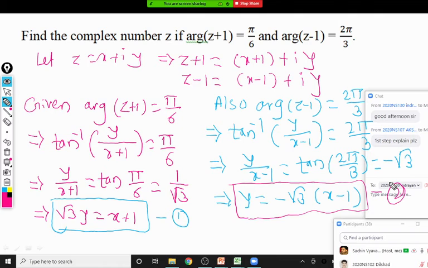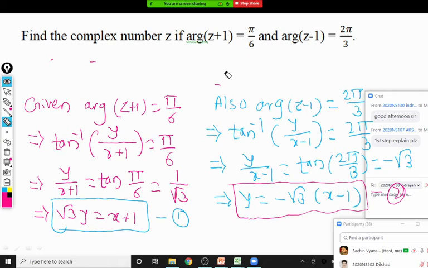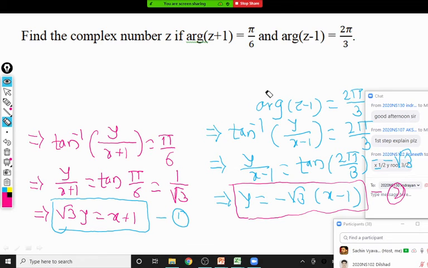Let me check. So what we can do is replace this value of y in equation 1. Let me erase a few of these steps. Sir, x is 1 by 2, y is root 3 by 2. Oh yeah, correct. Probably that's correct.